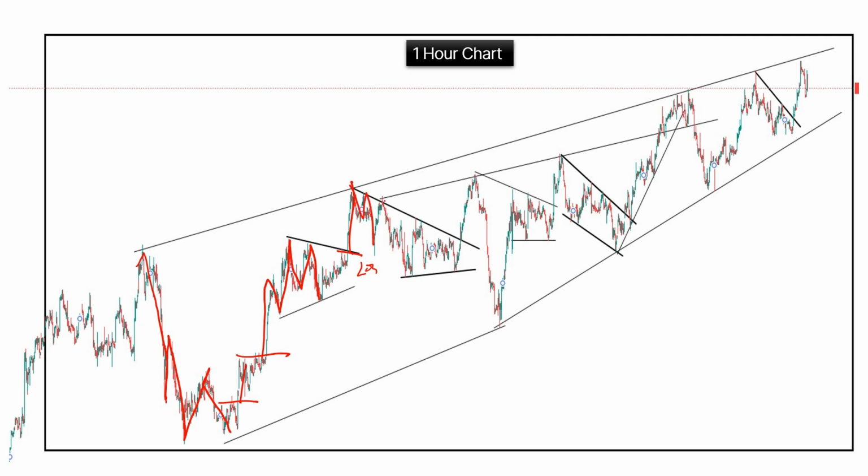Then it started to reverse. It formed swing lows here and started to form lower highs. It shifted into a tight consolidation around this zone, then again gave a wonderful breakout of this line and moved up. Why did it move up towards this?